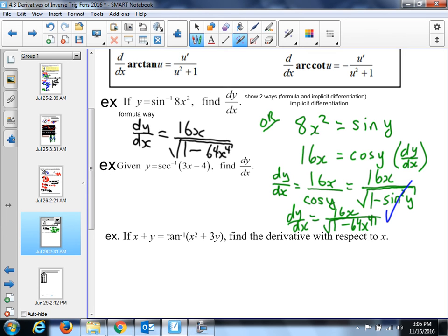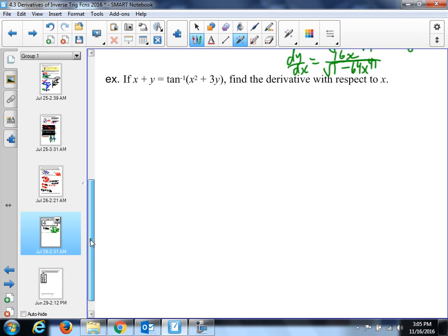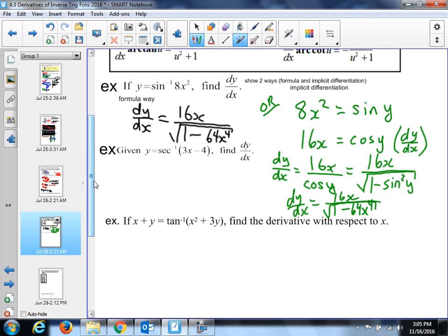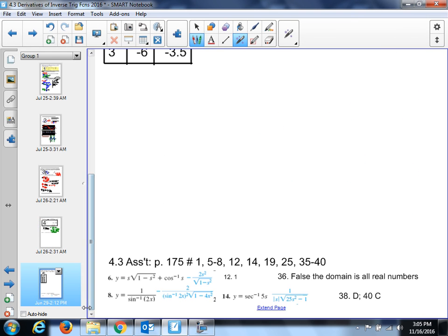I want you to try problem number 1 anyways, and maybe 5. I think that's what I have down here. Oh, I don't have it here. Okay, it's on the next page, but I knew I wasn't going to get through this. I think number 1, page 175. You guys were very patient and kind to me.